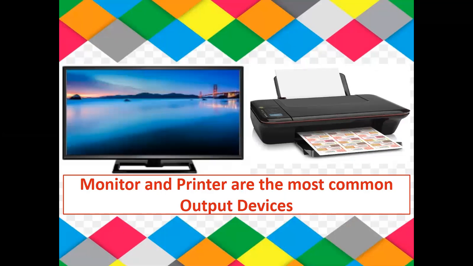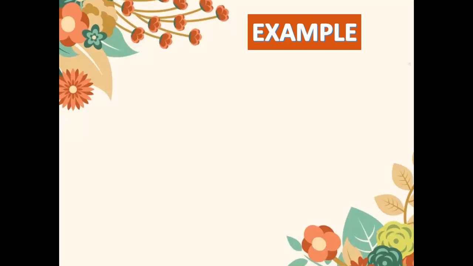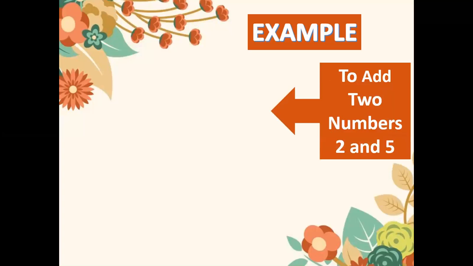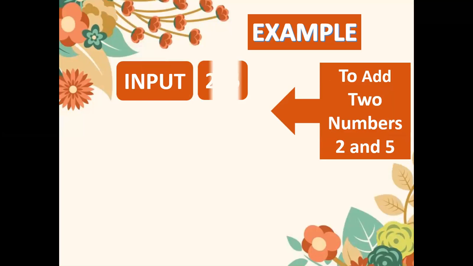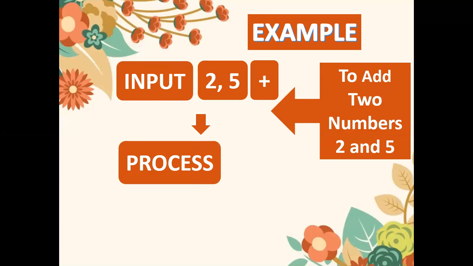Now let's understand the working of a computer with an example. To add two numbers 2 and 5, step 1 is input. Here 2 and 5 are the data and plus is an instruction. Next step is process, 2 plus 5.